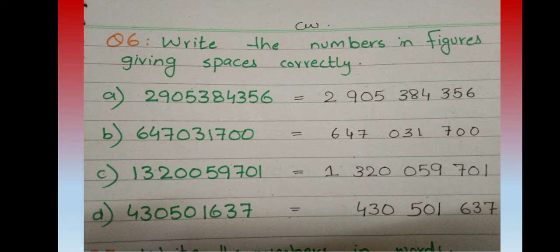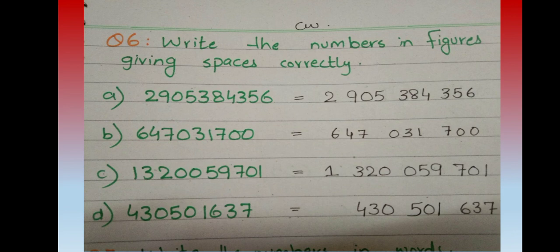Moving on to question number 6, write the numbers in figures, giving the spaces correctly. Now we have to give spaces after every 3 digits as in the international system. I will explain the first part for you and the others should be solved by you. A part is a 10 digit number.